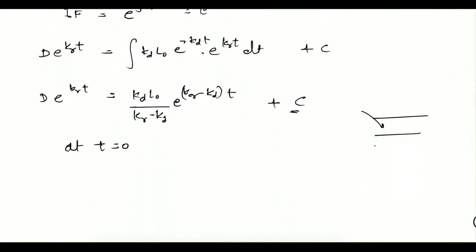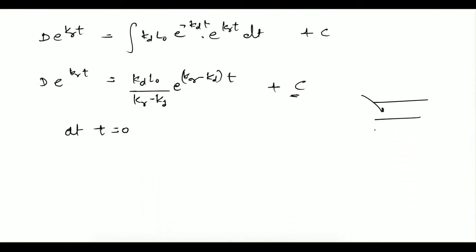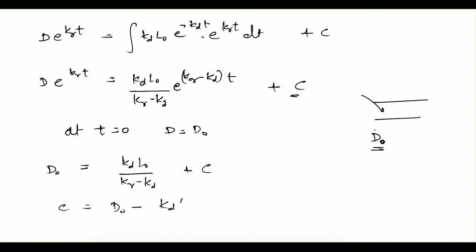Let's say some impurities were already there in the stream, so we will assume there is some initial deficit at t equal to 0. So at t equal to 0, D is equal to D naught. If you put t equal to 0, e to the power 0 is 1, so D naught equals kd L naught upon kr minus kd into 1 plus c. So c is equal to D naught minus kd L naught divided by kr minus kd.